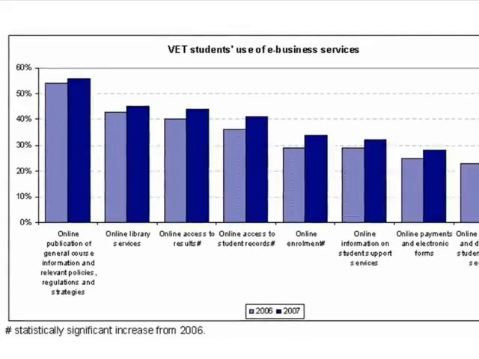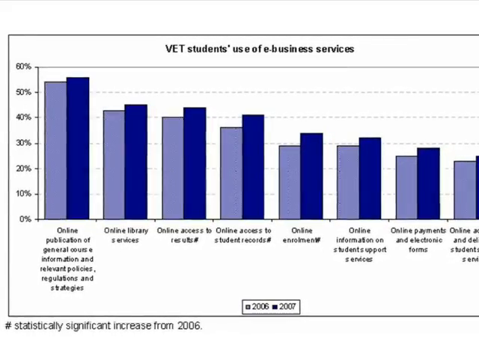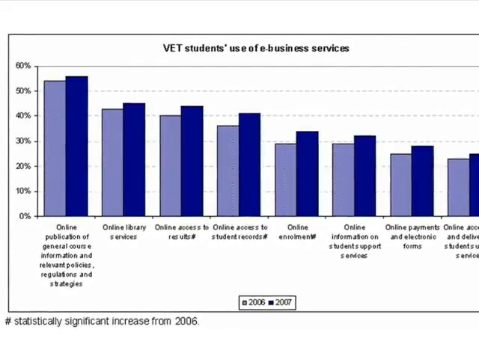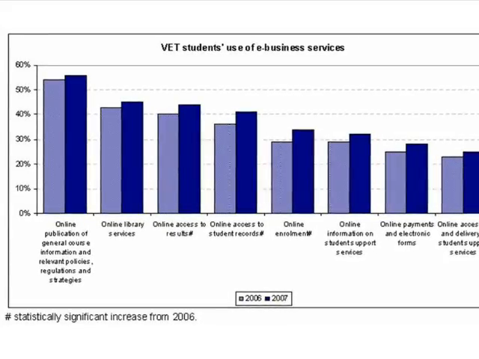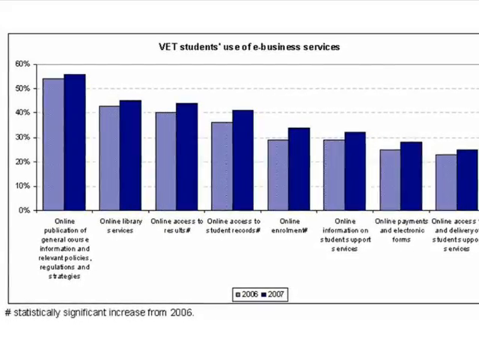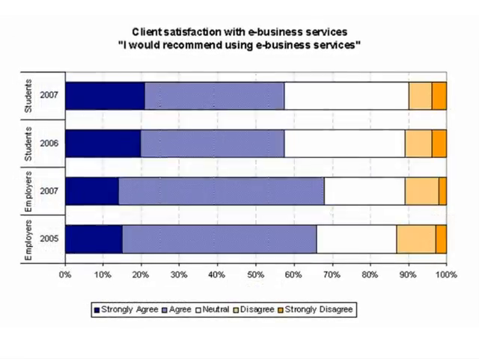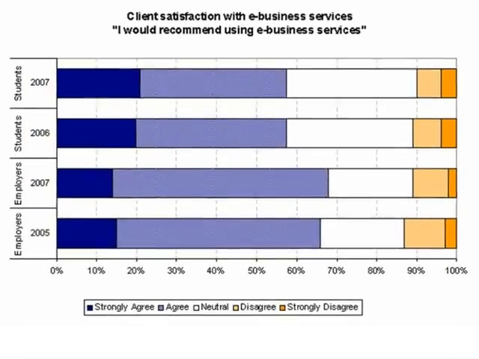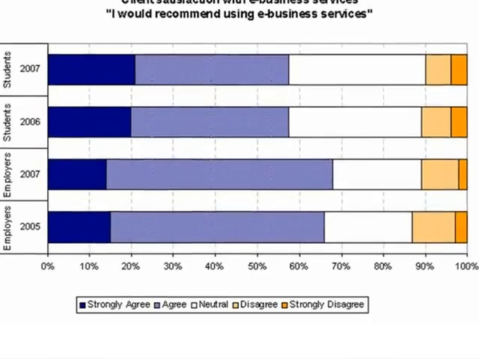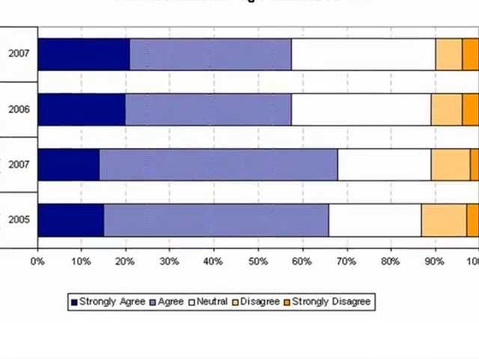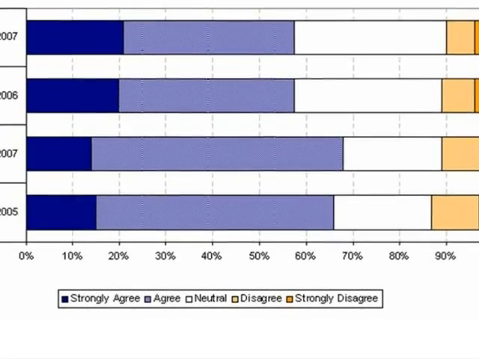Much less frequently used is online access to the delivery of student support services or online payment and electronic forms. Approximately 60% of both students and employers would recommend e-business services to others.